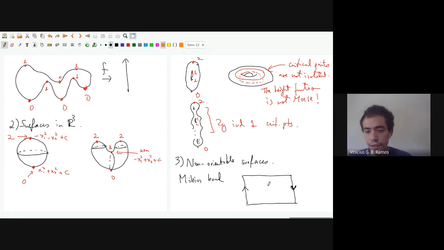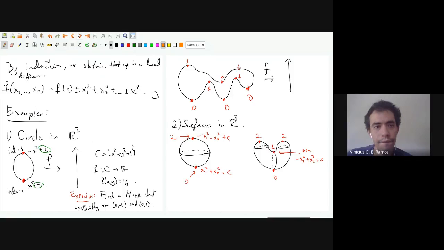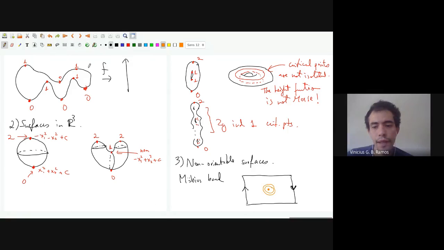I'm going to say the minimum is here. Well, I'm going to do my best. I'm going to draw a point here, which is in the middle of the circle.